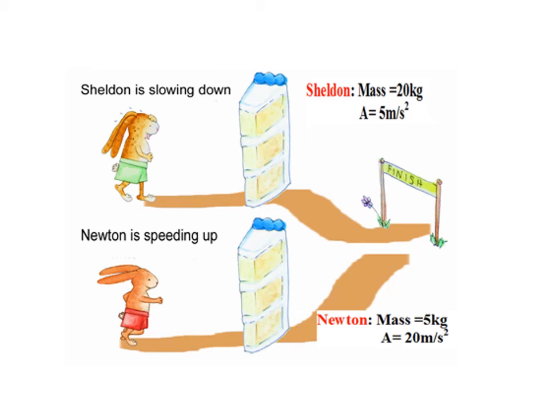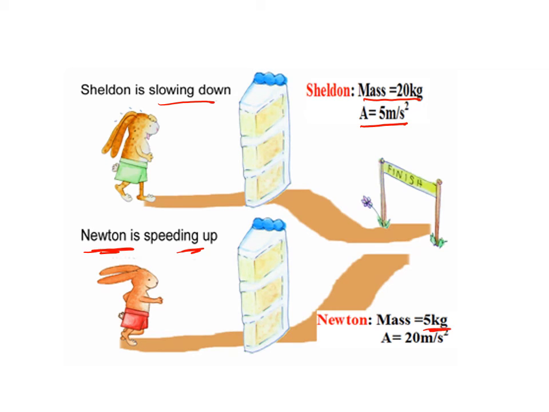And then the famous one, Sheldon and Newton. Here's Sheldon, and the question was, who's going to hit the cake with the most force? So Sheldon, he's moving slow. He has a mass of 20 kilograms, and his acceleration is 5 meters per second squared. Whereas Newton, over here, he's moving fast.